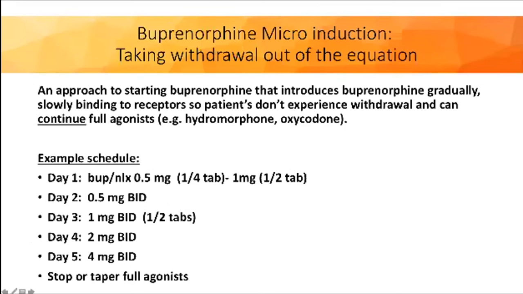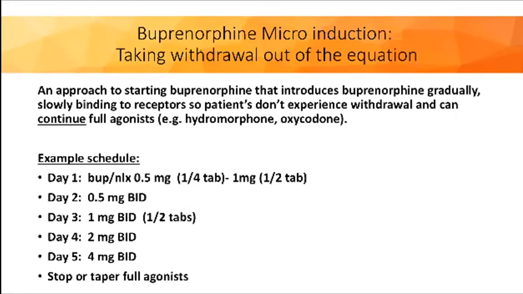And so this is an example of microinduction, so taking withdrawal out of the equation. I would say, if it's not standard practice in your hospital, consult with someone who's done it before, because it is more of a pro tip and a little tricky to successfully do.